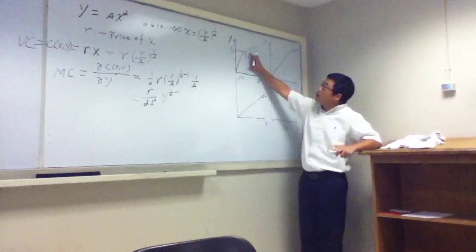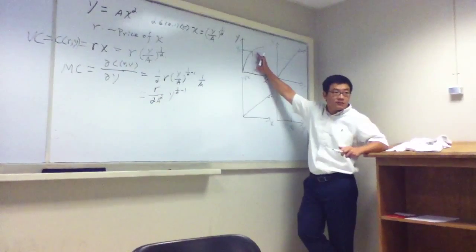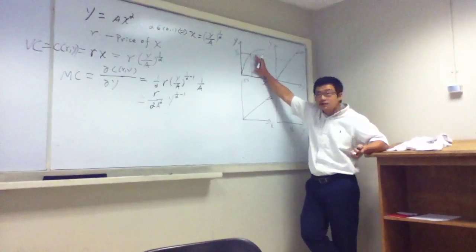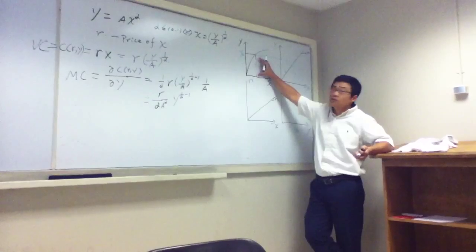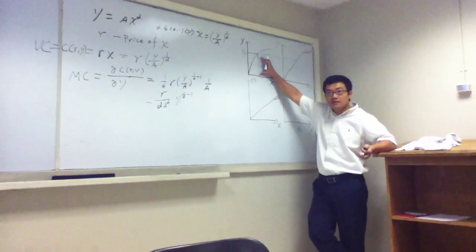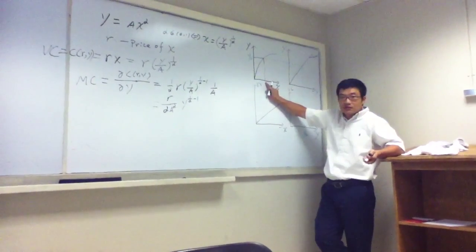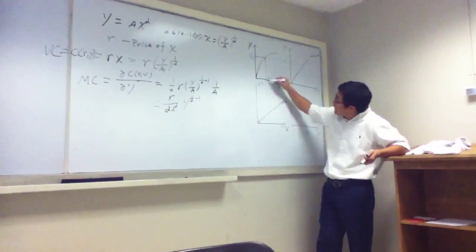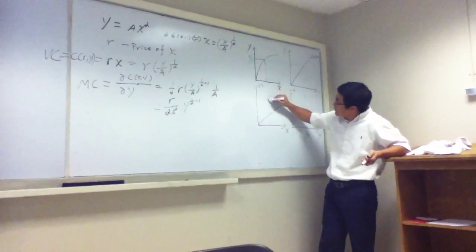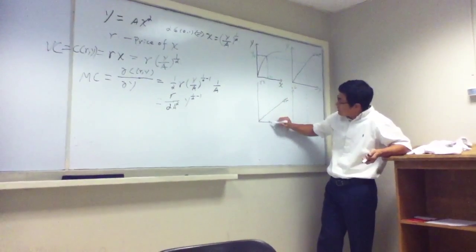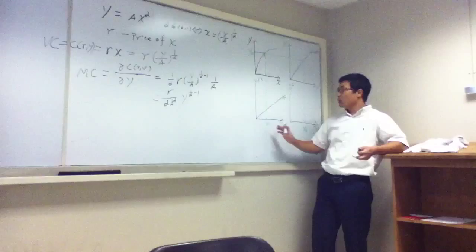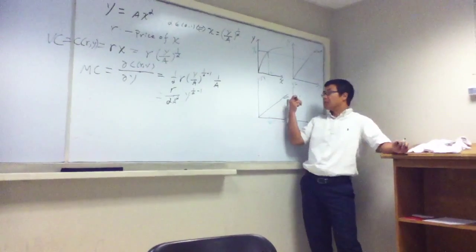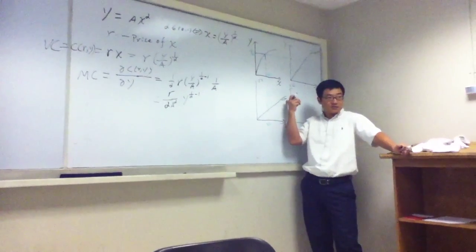Okay, if the output target is y0, what is the quantity of input required to produce that y0? Is this x0? Okay, x0 is here. I'm going to project the x0 on this graph here. That's x0. When x0 is given, the price of the input x is given.